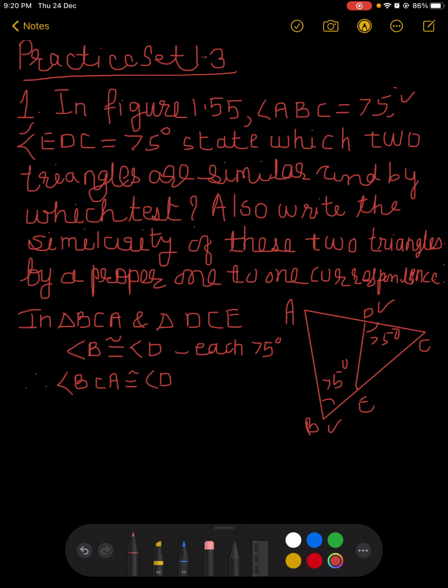Why are the two angles at point C congruent? They are congruent because it is a pair of common angle between the two triangles.